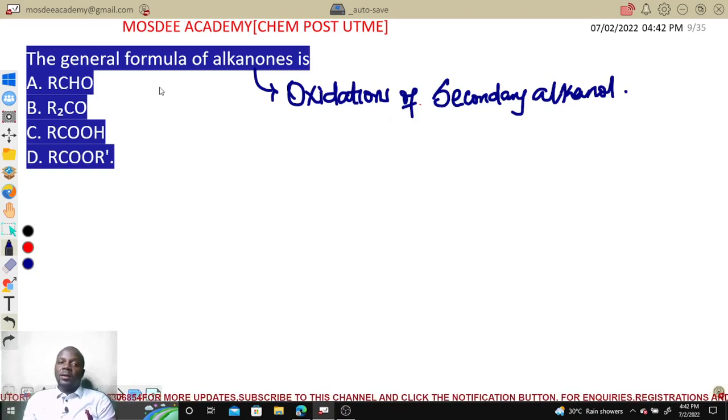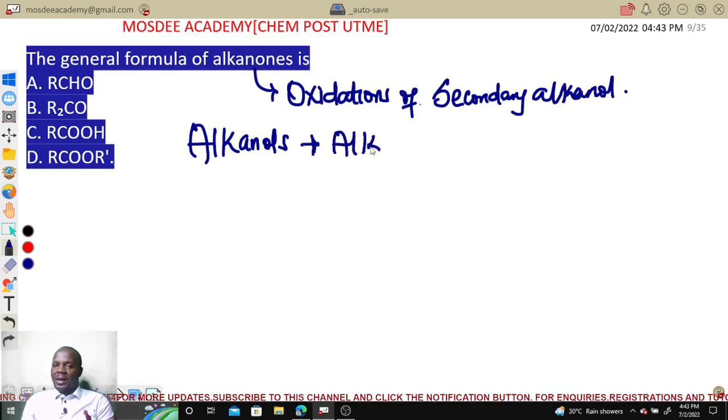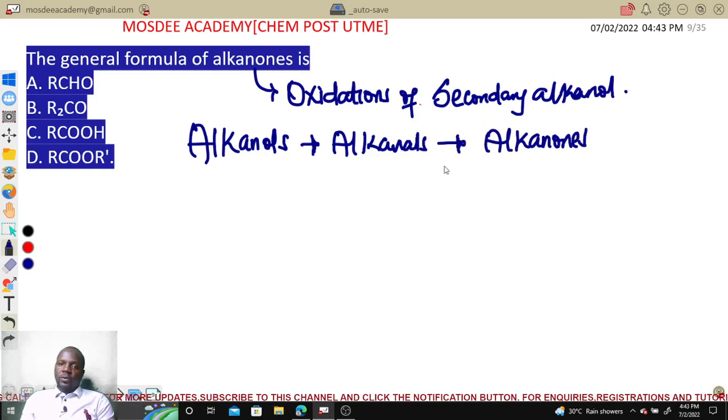So basically, alkanols, or alcohols, the way they are called, are grouped into 3: primary, secondary, and tertiary. If you oxidize a primary alkanol, you are going to have alkanals. And if you do secondary, you are going to have alkanone. Tertiary cannot be further oxidized.